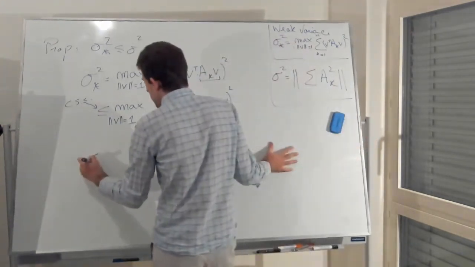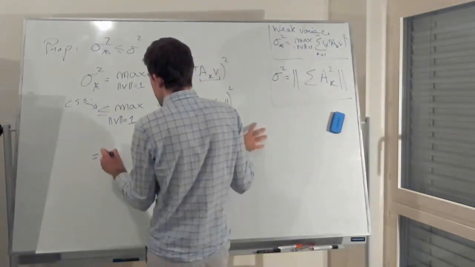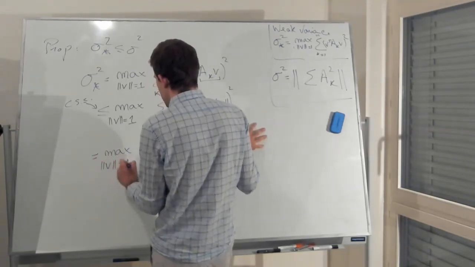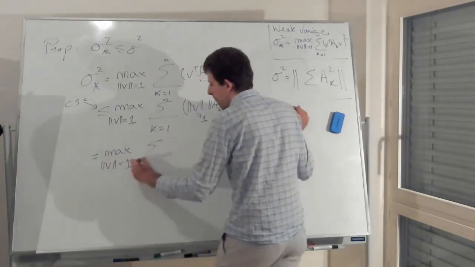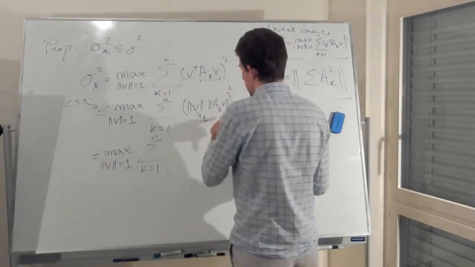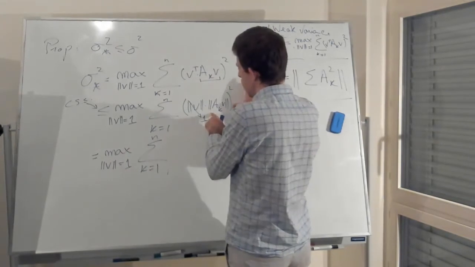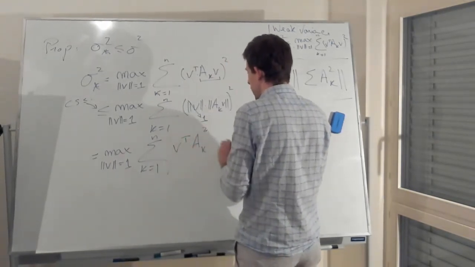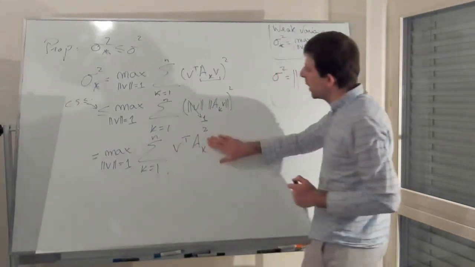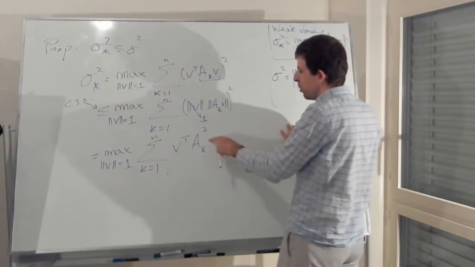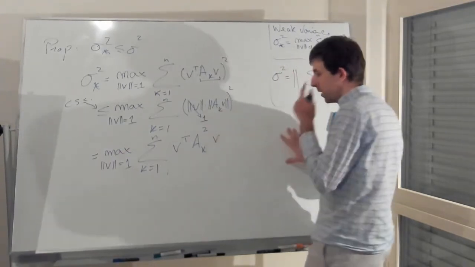So this is the same as the max over v of the sum from k from 1 to n of, let's write this out, because the norm squared is just v transpose A_k squared v, because it's v transpose A_k times A_k v, but A is symmetric, so we get exactly this.